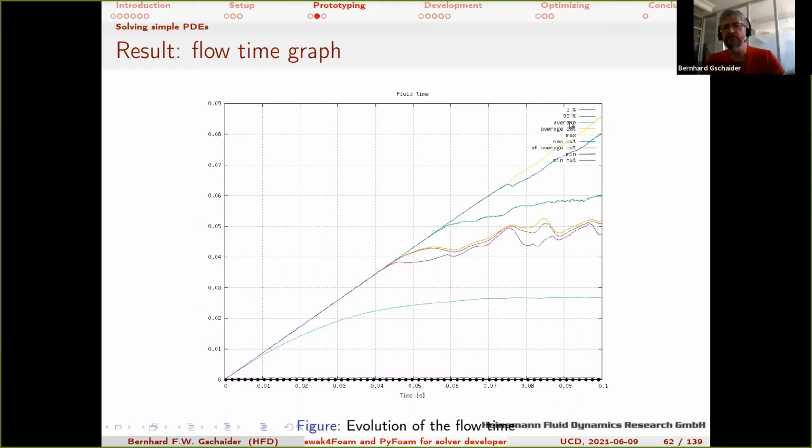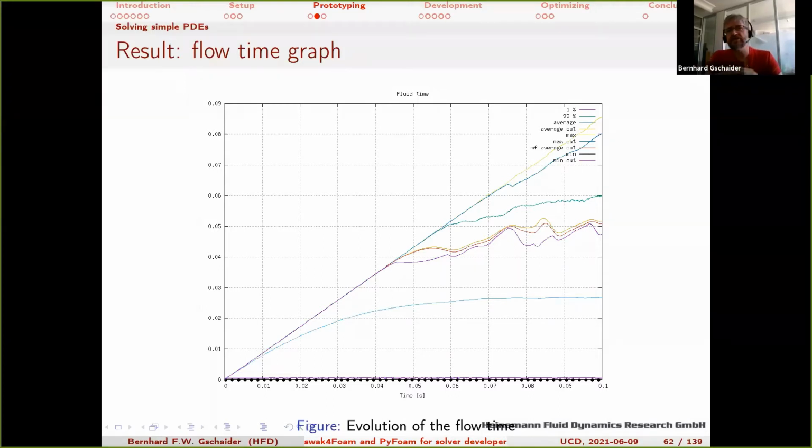What I like to do with things like these is have a weighted quantile, I call it. Basically, I have the minimum, and then I have a 1% quantile, which basically says, okay, please give me the value where 1% of the volume of my domain has a lower value than this.